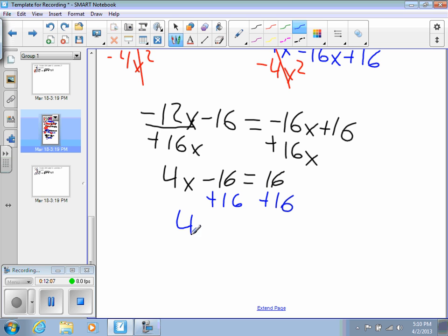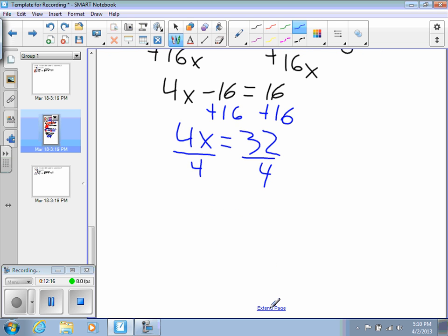So now I have 4x equals 32, and I just need to divide both sides by 4. When I do that, I get x equals, wait a second, did I do that right? I don't think I did. Let's go back. 4x equals 32. Half of that's 16, half of that is 8. I'm not certain if that's what I wrote before or not, but now I've got it right. Okay.